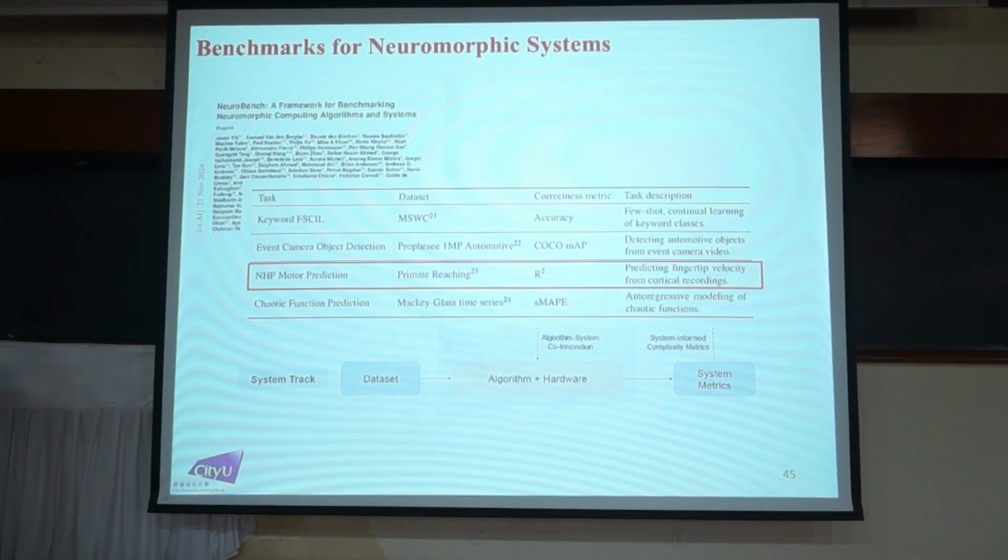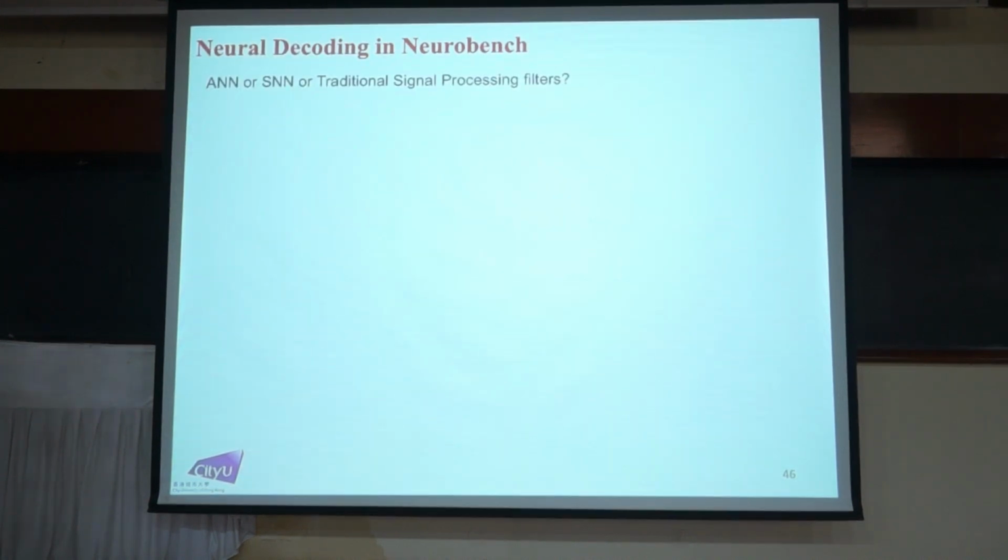To answer that question, we took the same data set and tried many different algorithms on it, and compared their results using A, how accurate they are, and B, how many computes are needed per classification and how much memory is needed. So we are going to compare ANN type networks with spiking neural networks and also with traditional signal processing. In this area, Kalman filters, for example, have been used for a long time.